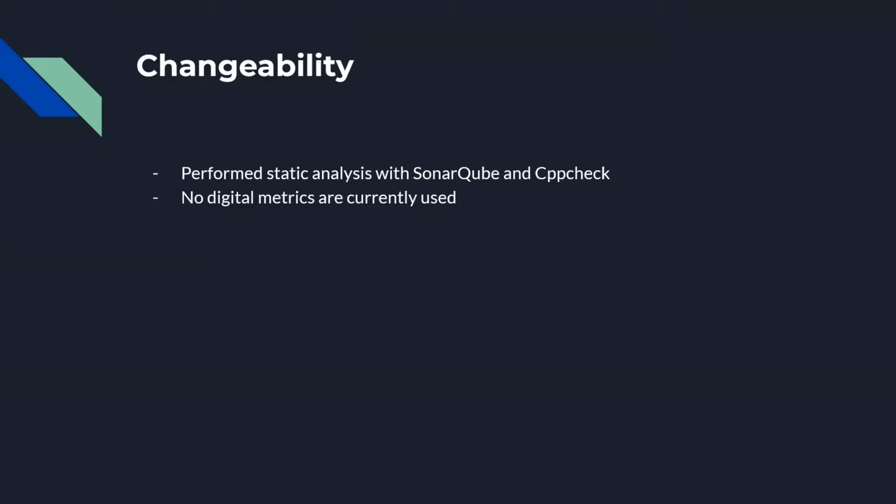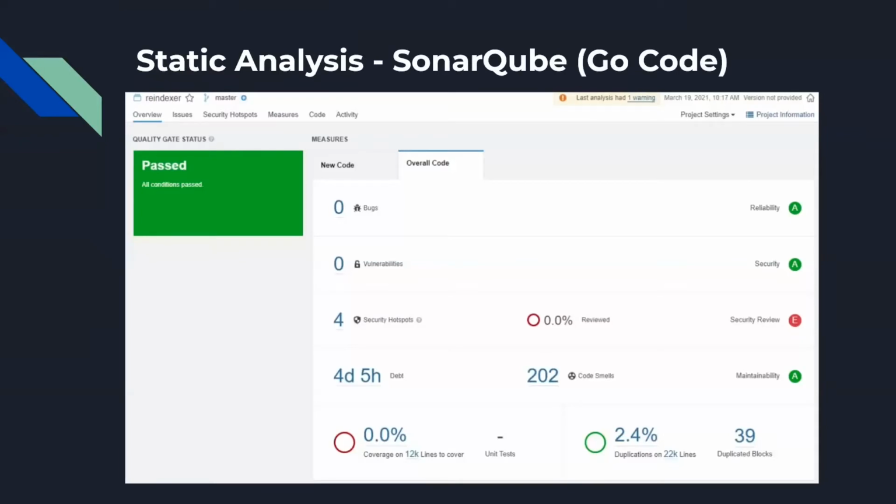So now let's see what checks we've done to see an overview of the code from the static analysis point of view. We ran two tools. The first one is SonarQube. That one is a free edition, so it doesn't contain any static analysis for C++ code. But there's a lot of Go code, especially tests. There are many tests written using Go.